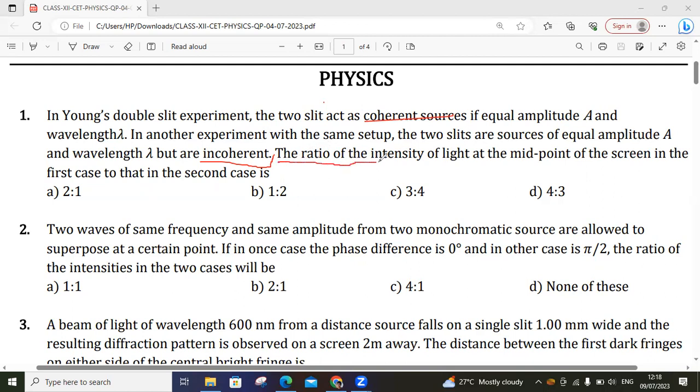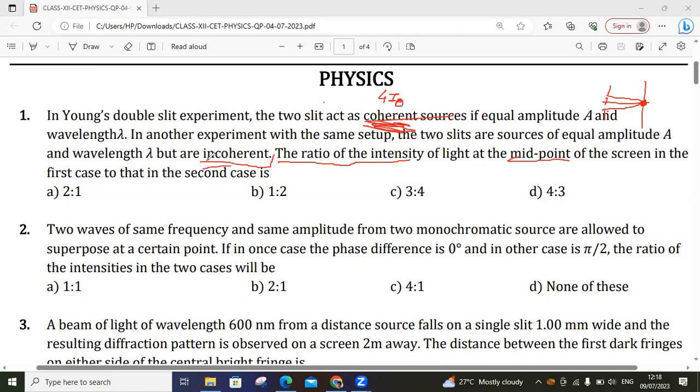The ratio of intensity of light at the midpoint of the screen in the first case to that in the second case is. So midpoint means central point, है ना? Screen's midpoint is the central point. So here they are asking about interference, and here we know it is constructive interference. In the first case they are coherent sources, so intensity will be 4 I naught. Right?